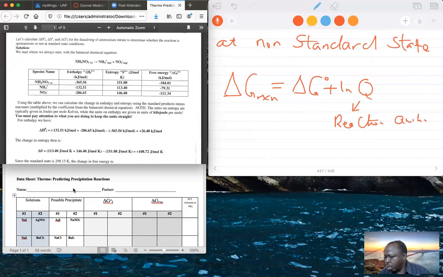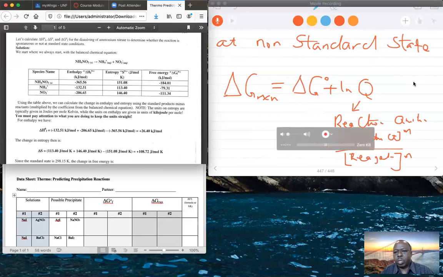The reaction quotient is just the concentration of the products raised to the coefficients in the balanced equation, over the concentration of the reagents raised to their coefficients in the balanced equation. Q is the reaction quotient.